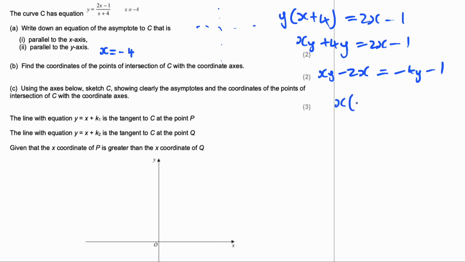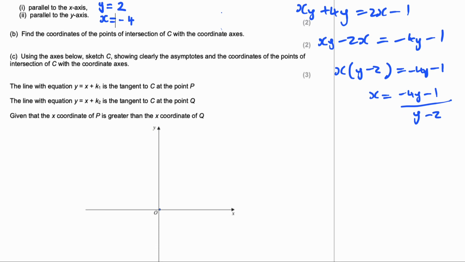Factorize the x out, you get x times y minus 2 is minus 4y minus 1. So therefore x is minus 4y minus 1 over y minus 2. So what value of y will make our denominator here 0? Well, that will be when y is 2. So that gives you your other answer. When y is 2, the denominator is 0, so x is undefined.